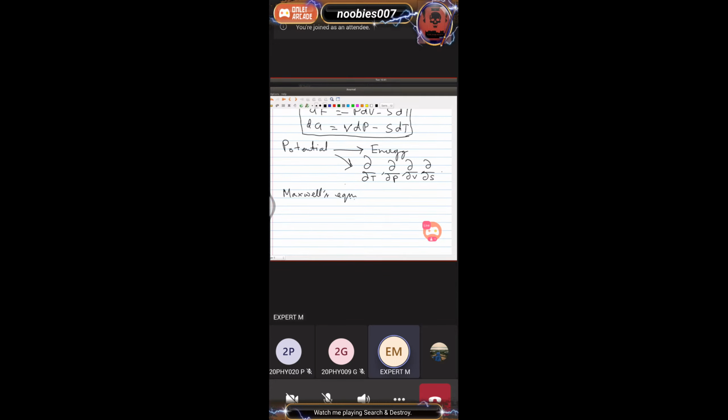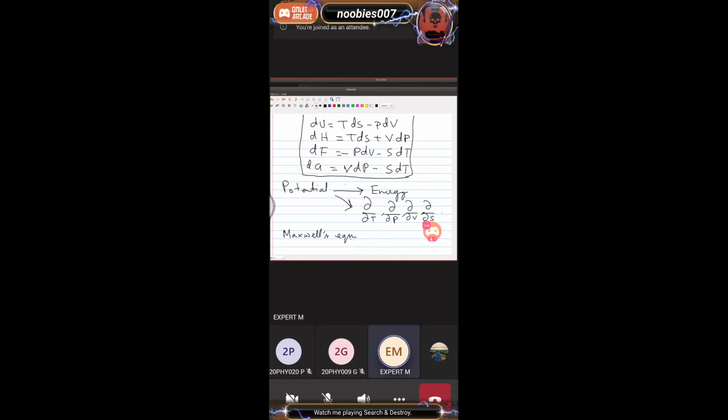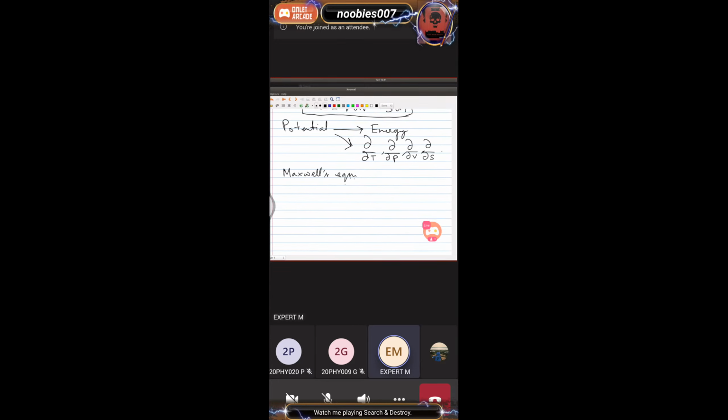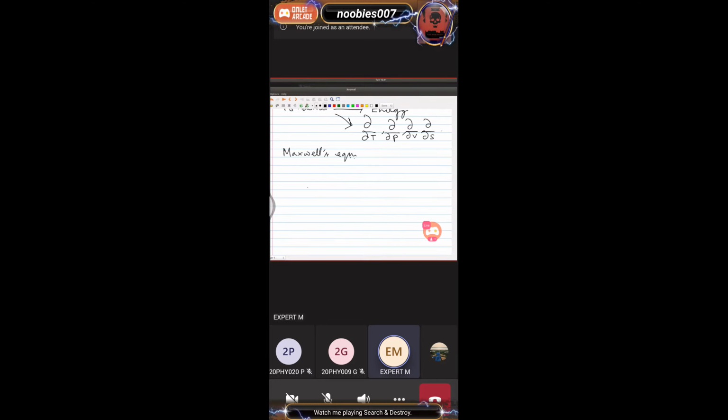These equations come from a theorem, and the theorem is quite easy to understand: if you have a function z which is a function of x and y, then dz is (dz/dx) at constant y dx plus (dz/dy) at constant x dy.